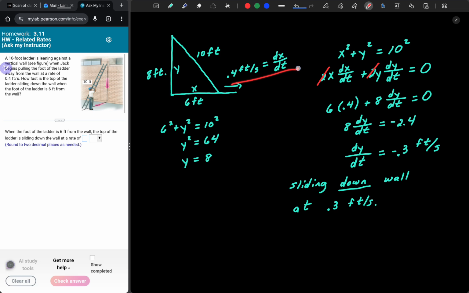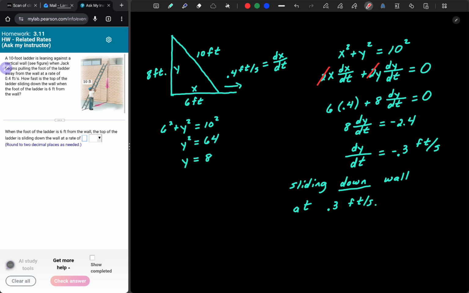And I know it's a positive 0.4 feet per second because the length of x is increasing. If the problem had said it's pushing it towards the wall at a rate of 0.4 feet per second, it would have been a negative 0.4 because x would have been decreasing. But in this case, x is increasing, thus dx/dt is positive.